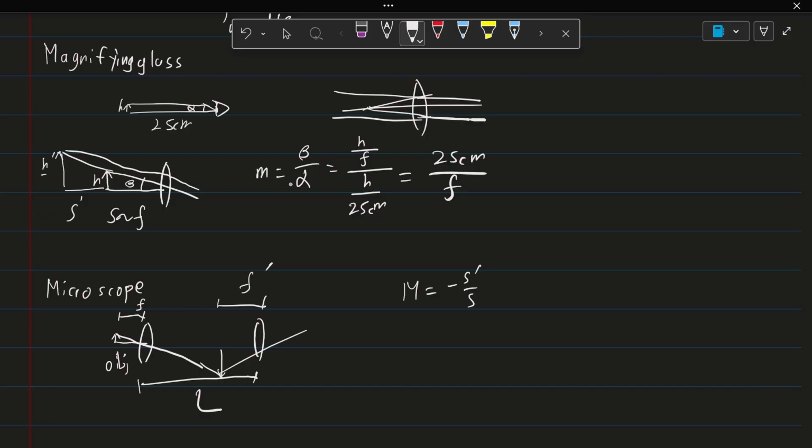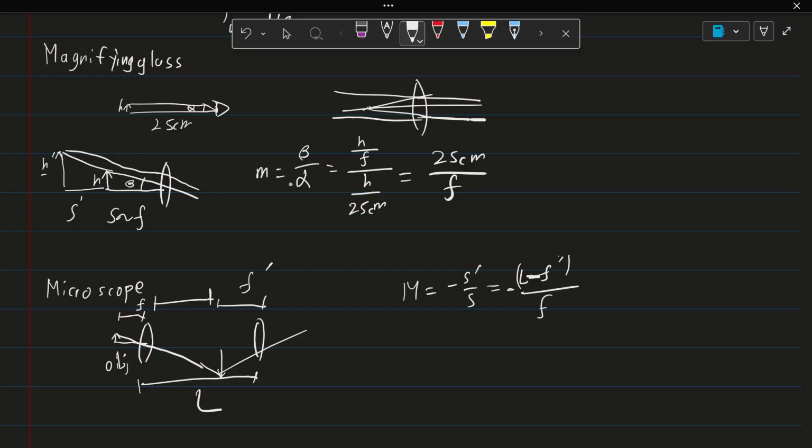If we check this, the s prime here will be from here to here, or it's L minus f prime. Sorry, it's L minus f prime. So f prime is your eyepiece, and then you divide it by the f, or the length from the object to the objective lens.